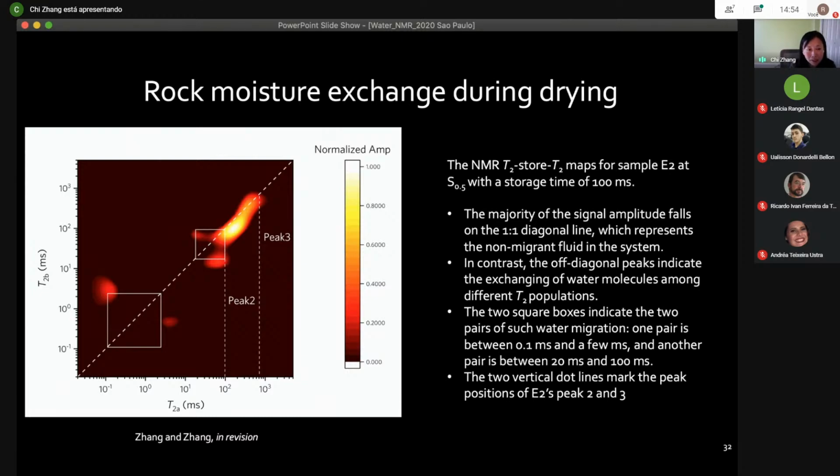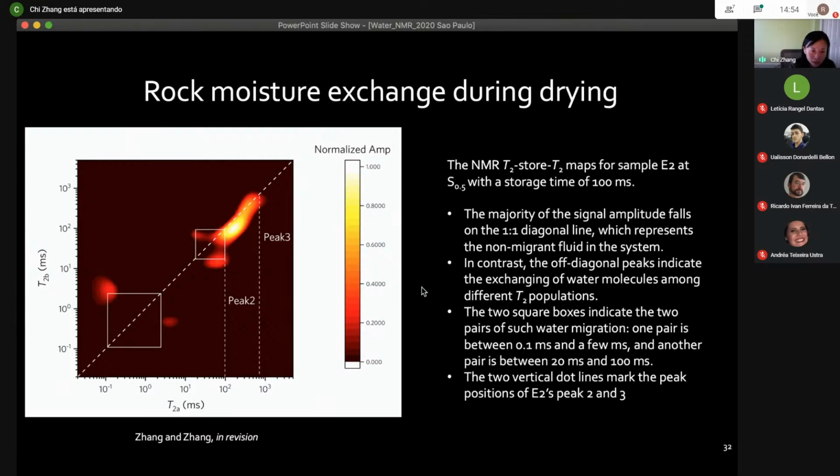Such an experiment consists of two T2 experiment periods with a short storage time in between, which allows the water molecules to exchange from one pore environment to another. If we have a long storage time, that would allow molecules in the large pores to exchange.